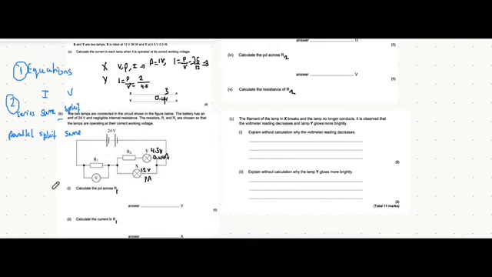Can we use any equation? Well, do we know the current across R1? We don't yet know it, and we also don't know the resistance across it, so we can't really use any equations. So let's use what we know about current and voltage in series and parallel. Now this resistor on the left is in series with this whole junction on the right.